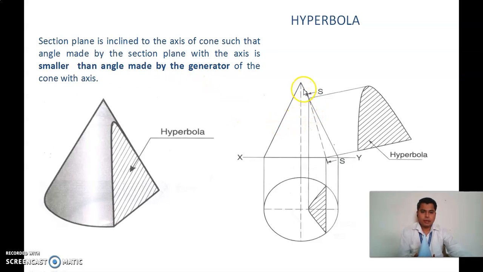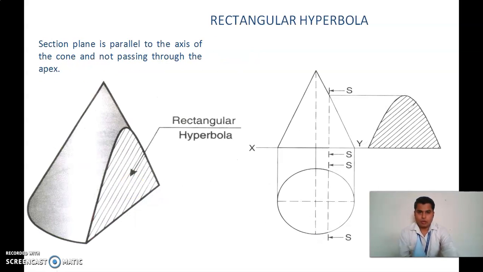So the angle made by this cutting plane SS with the axis is smaller than the angle made by the generator with the axis. If we cut this right circular cone in this fashion, we are getting a hyperbola. So this is about the hyperbola.